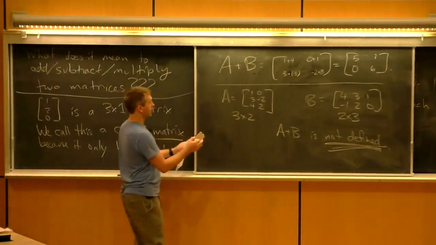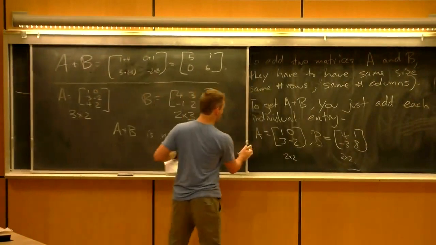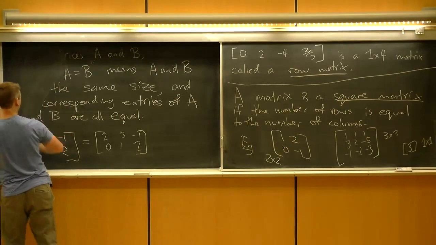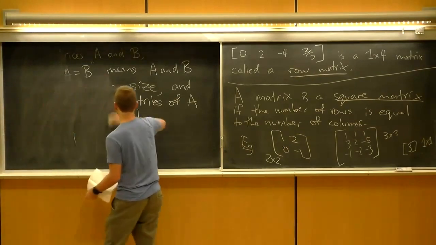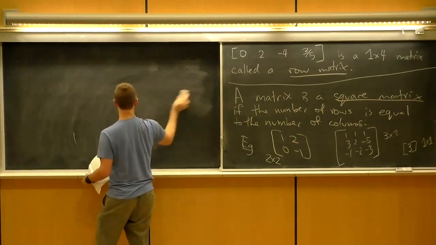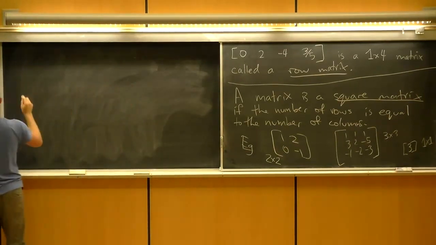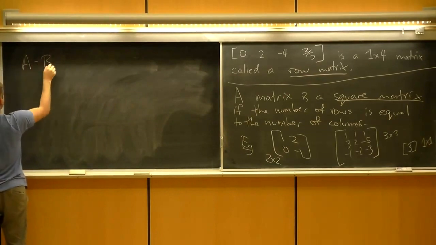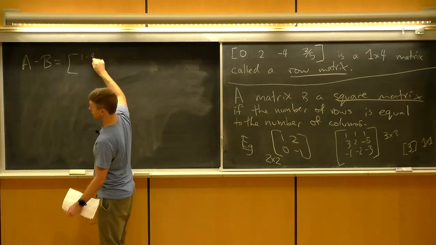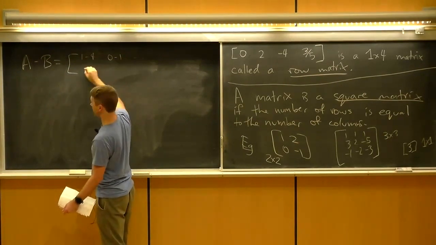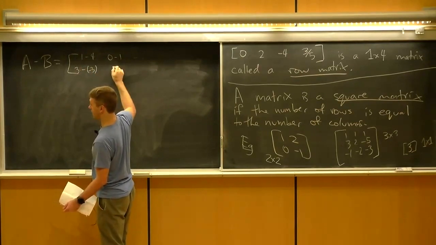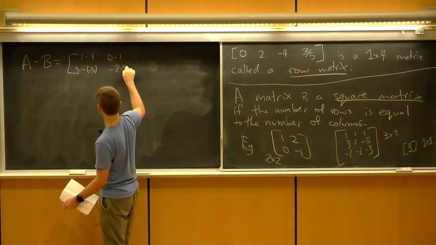So if I'm doing this example again, here A minus B would be 1 minus 4, 0 minus 1, 3 minus negative 3, and negative 2 minus 8.